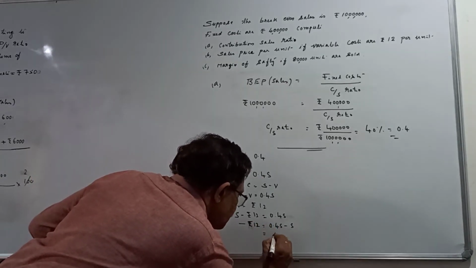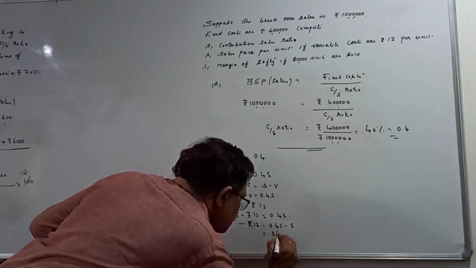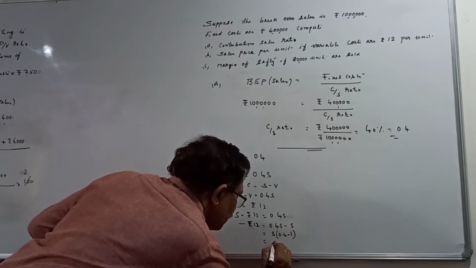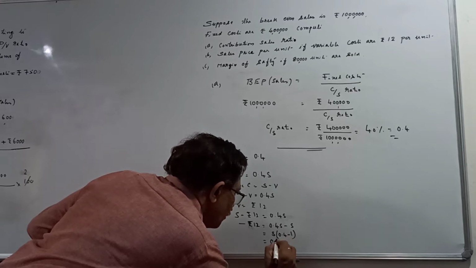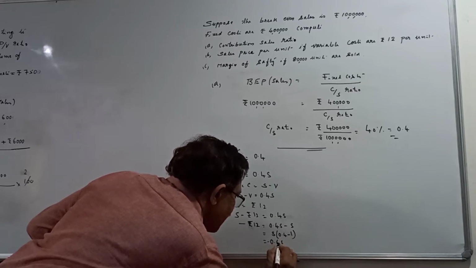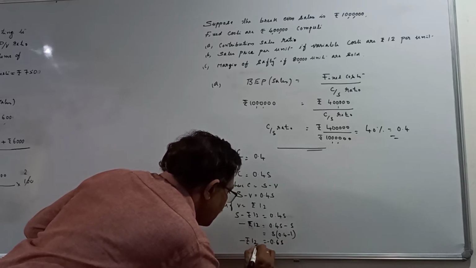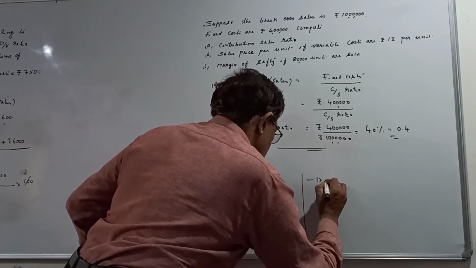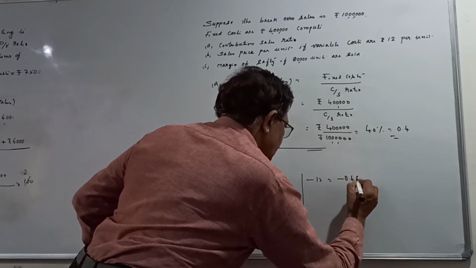Let us take S as common factor, and this becomes 0.4 minus 1, which is minus 0.6 S equal to minus 12.